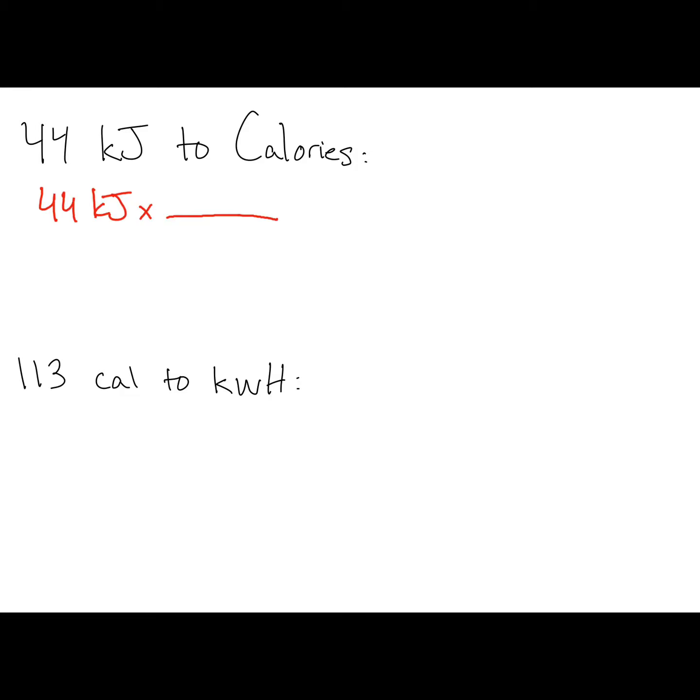So we know that there is 1,000 joules for 1 kilojoule. Okay, so the kilojoules cancels out. Now we need to go from joules to little calories. So there is 1 little calorie for every 4.184 joules. Joules cancels out.